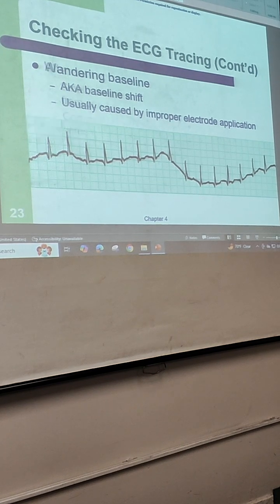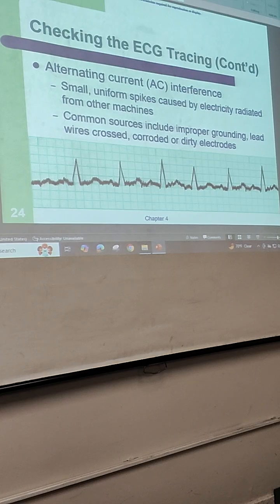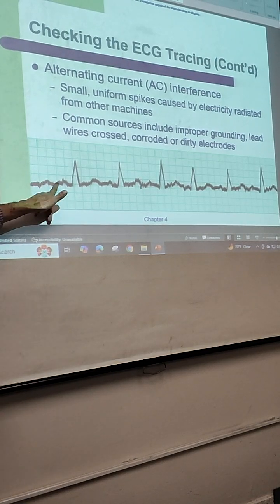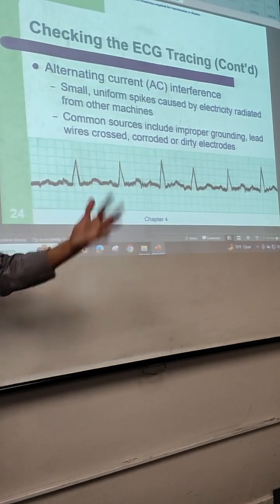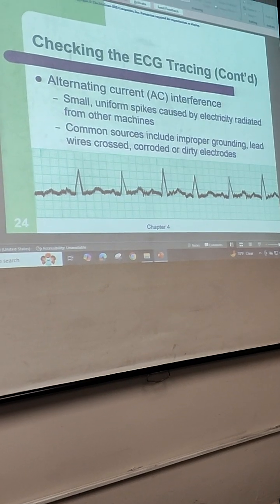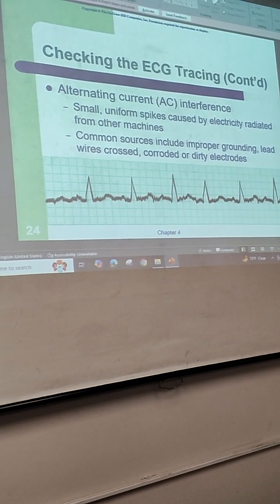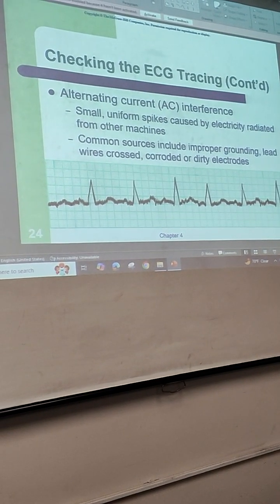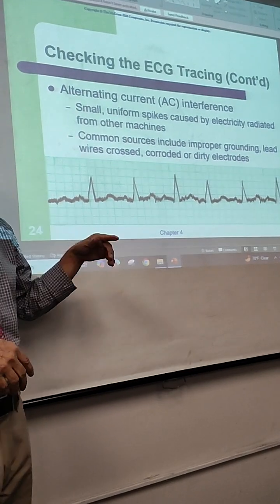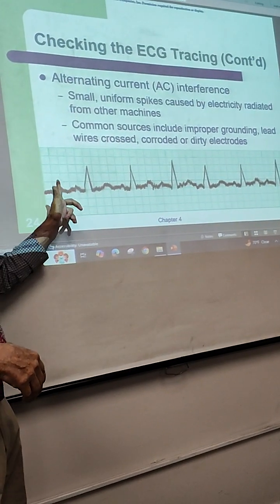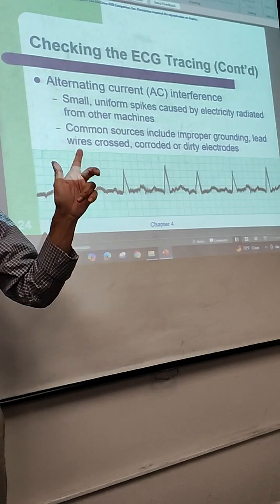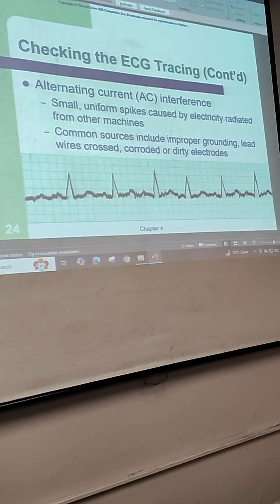Ready? You see this one? Now you see all these little things. That looks nothing like the tremors, because with the tremors, you can see the little up and down deflections. But here, they are so tiny and uniform and very dark.